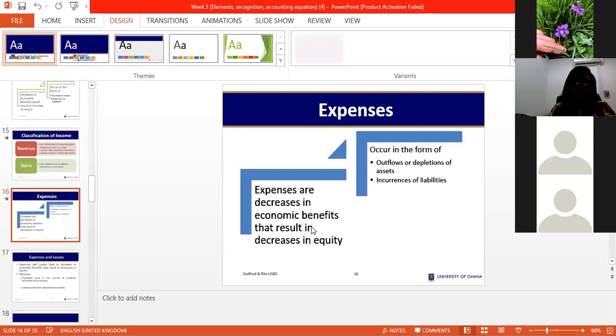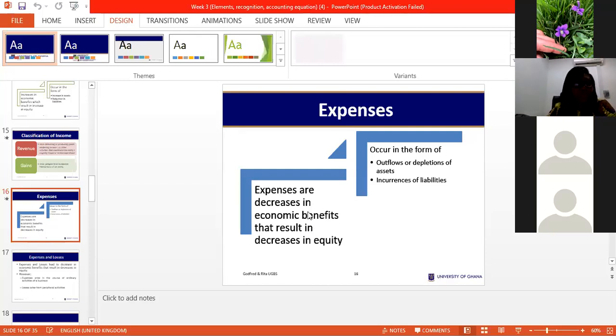So expense will lead you into liabilities, but it is not one. Expenses occur when there is an outflow of your economic benefit, when it is reducing, or when you are incurring some obligations that you have to pay, it will result in an expense.